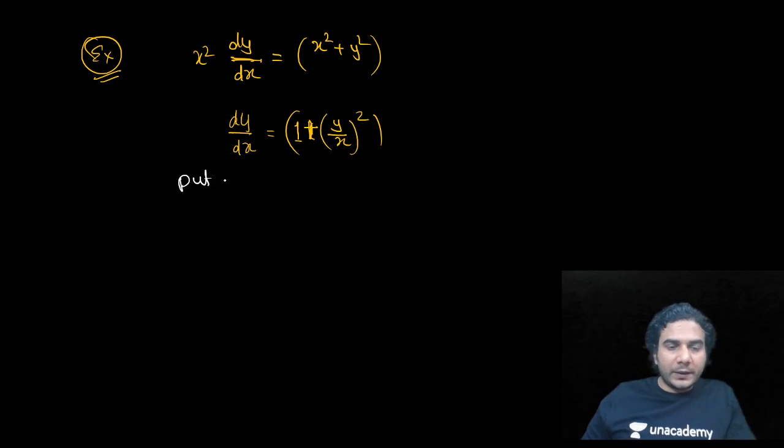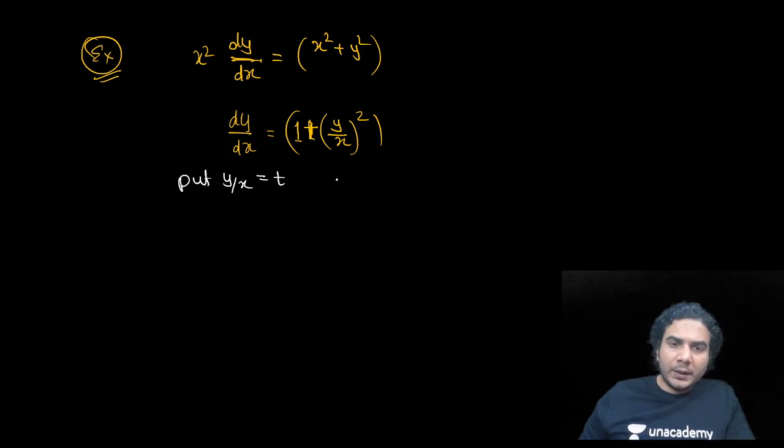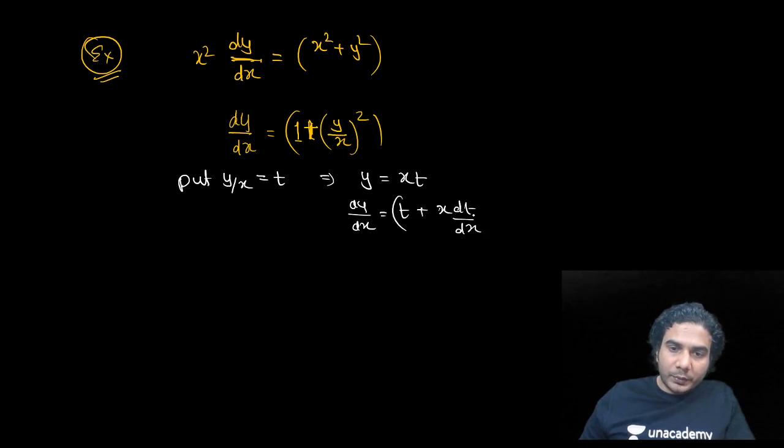Okay, so let me solve it. So put y upon x is equal to t. Then the rest of the process is same. Put y is equal to xt, and then dy by dx is always t plus x dt by dx. So put in this equation, it is going to be t plus x dt by dx is equal to 1 plus t square.